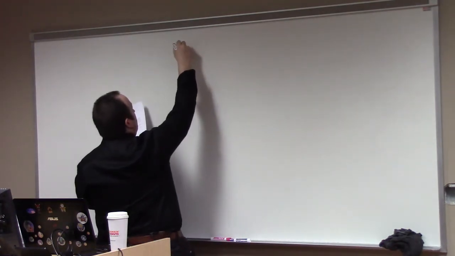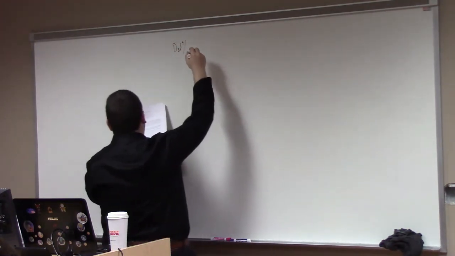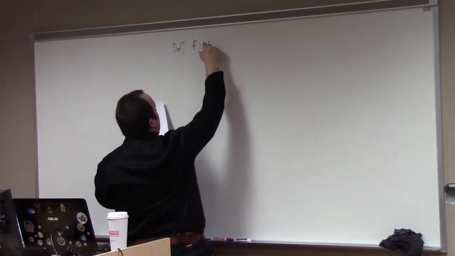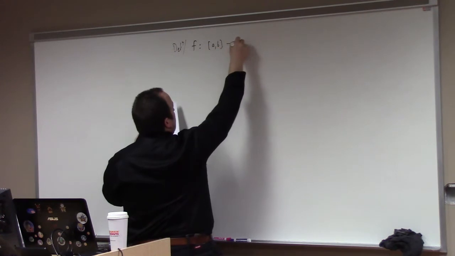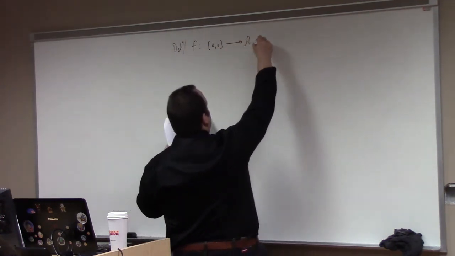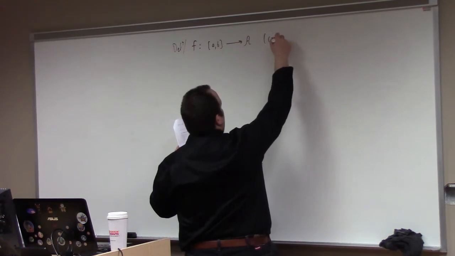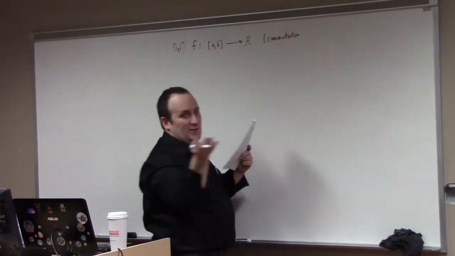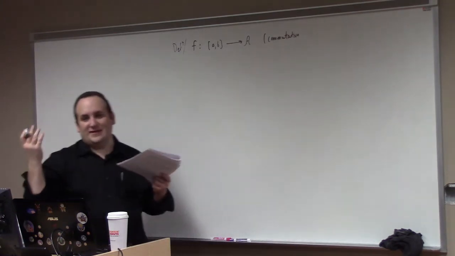So to start with, I suppose I have a function which goes from, say, a closed interval to the algebra. And again, I think in this we're going to assume that this is commutative. It's not because I have a smoking gun that says if it's non-commutative, it doesn't make sense.